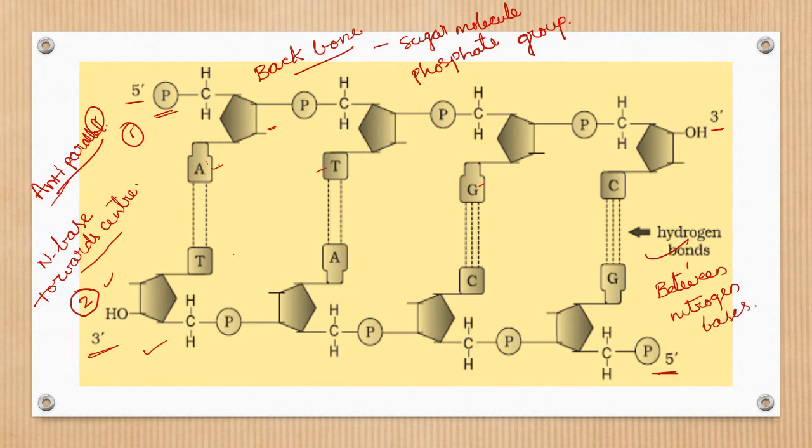Now these two strands are joined by hydrogen bonds formed between the nitrogenous bases of the nucleotides. In the double helical structure, the backbone of the nucleotide chain is formed by sugar molecule and phosphate group, and the nitrogen bases are present at the center.